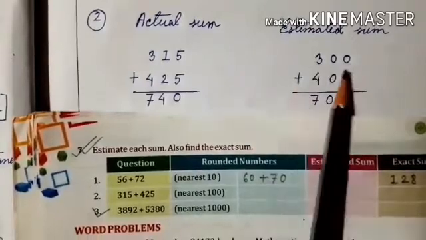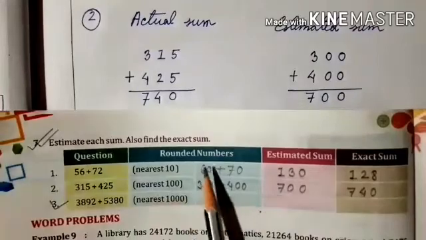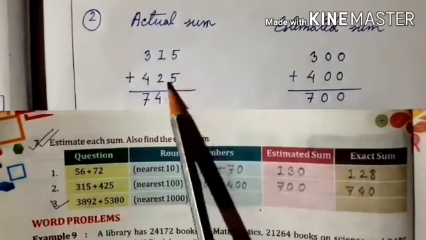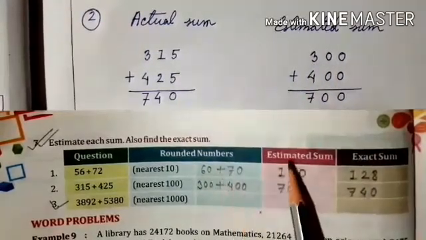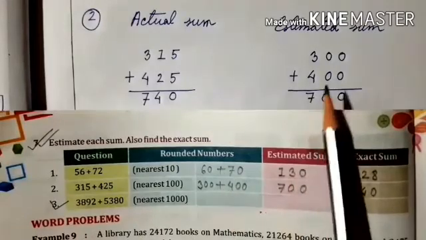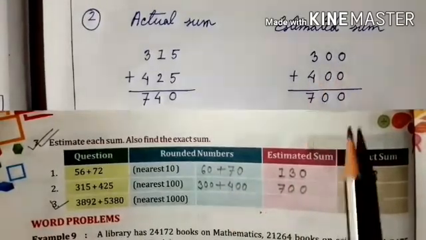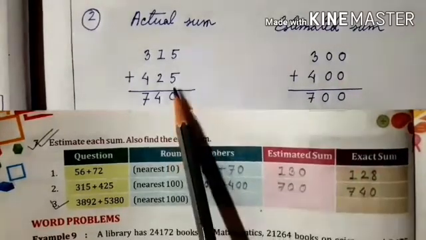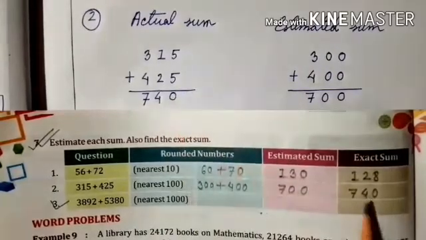So adding them, we get 700. Look here, rounded numbers 300 plus 400, okay? The estimated sum is 700, which is the sum we got by rounding off, right? And the exact sum is 740, which is our actual sum, okay?